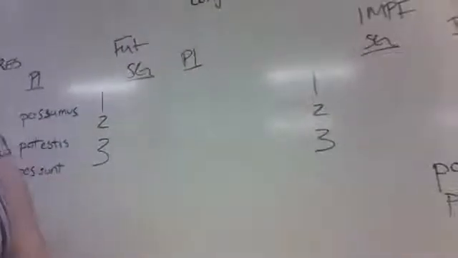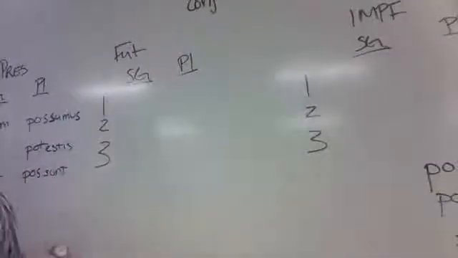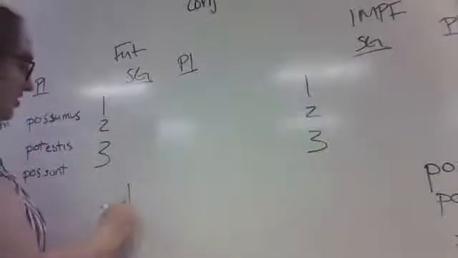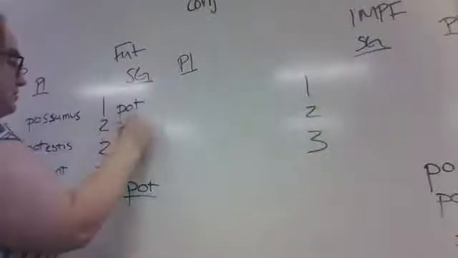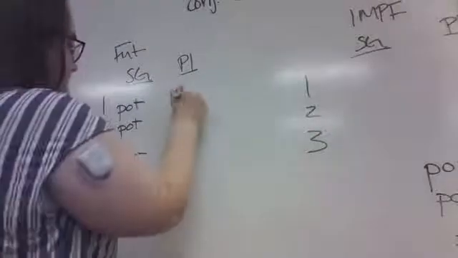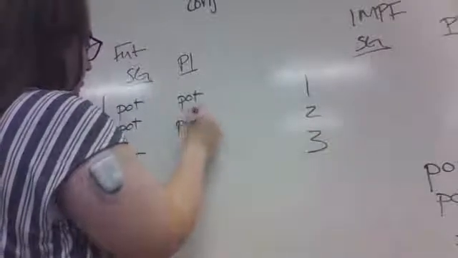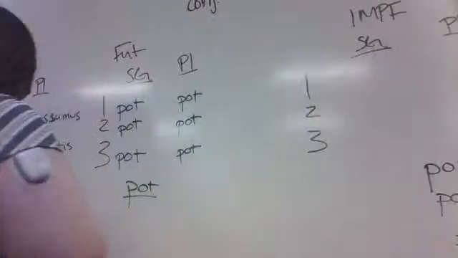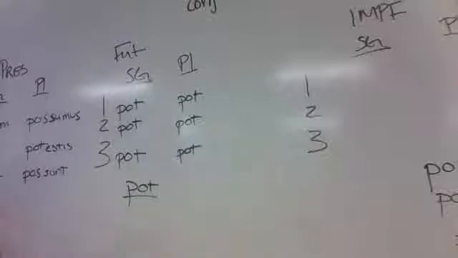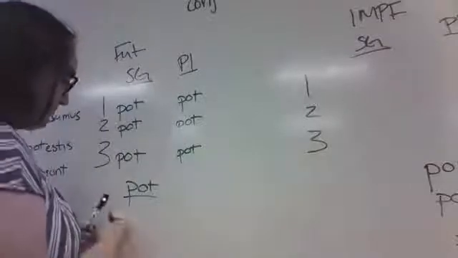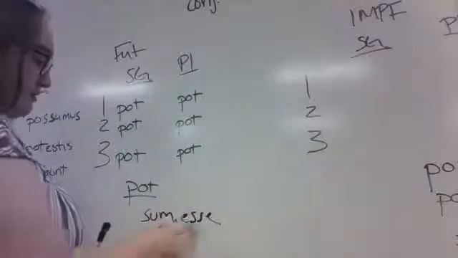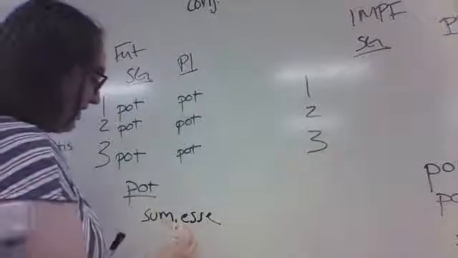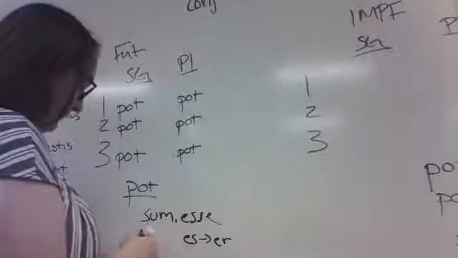Now let's go to future. Same formula. You have your base, and now we know our base, pot. Now we need to make this future. So when we did sum, esse, fui, we took the infinitive, cut off the SE, and then we have ES, but then it changed into ER.